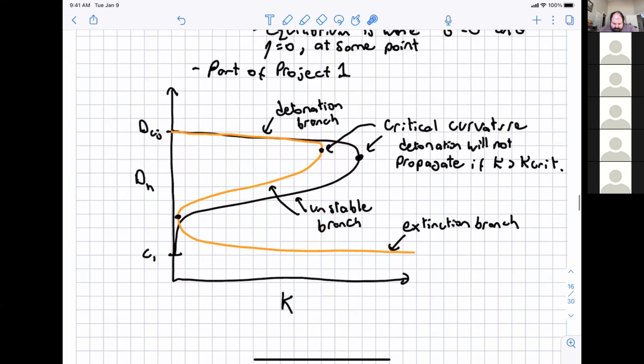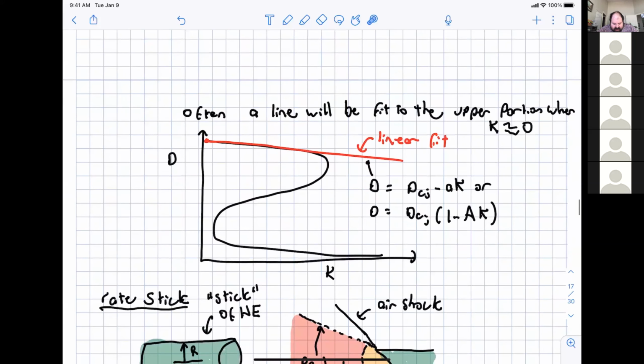Okay, and so now how this is actually used in a lot of codes is that you'll often fit some sort of linear relationship to just this top portion of the curve, because again, in most setups, you will design your detonation to be fairly weakly curved.